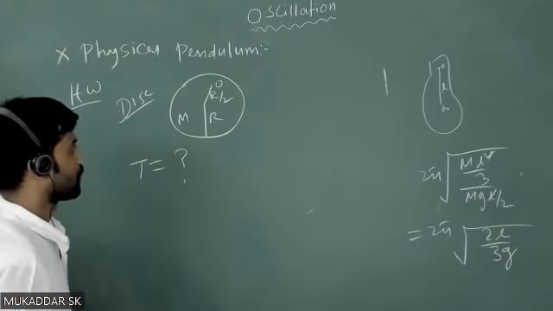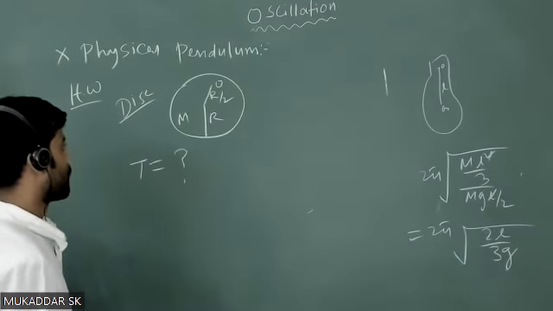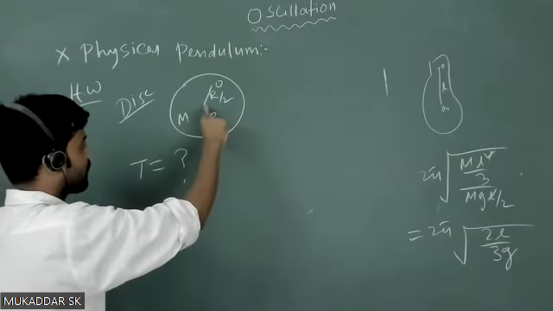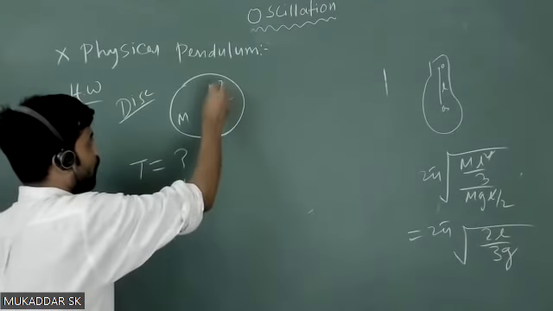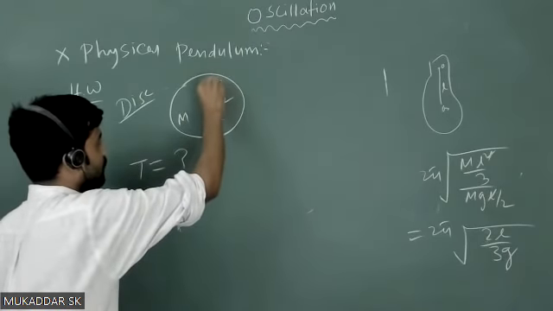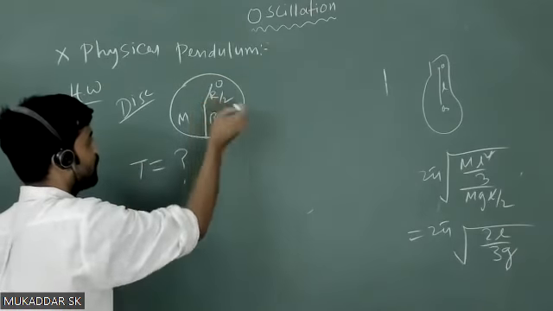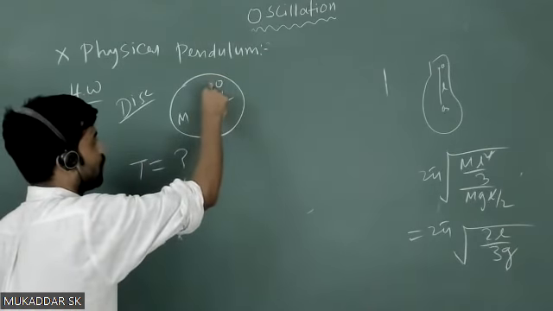Repeat the question once more, sir. Okay. So you have a disk. Its mass is M, radius is R. The point of suspension is here. The distance from the point of suspension to the center is R by 2.